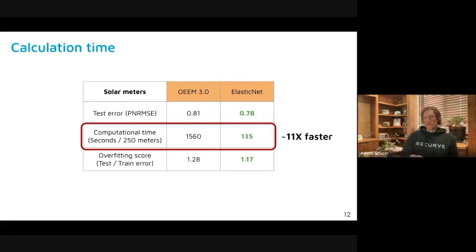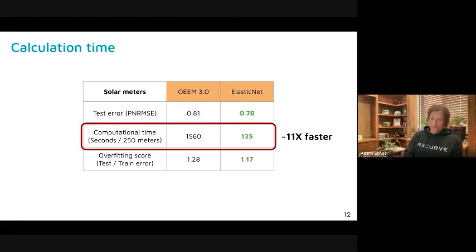So we're already seeing that even though we're actually providing the model with more data in the form of GHI, we have less overfitting in the elastic net. And trust me, we thought about approaching this entire working group by saying we're going to start with the OpenEEmeter 3.0 hourly model.